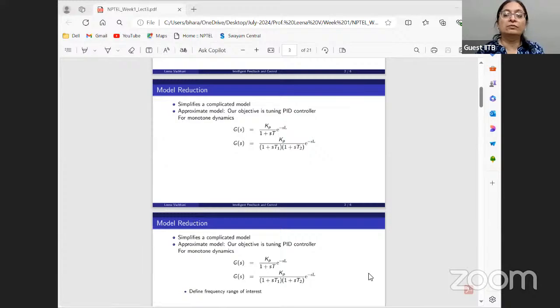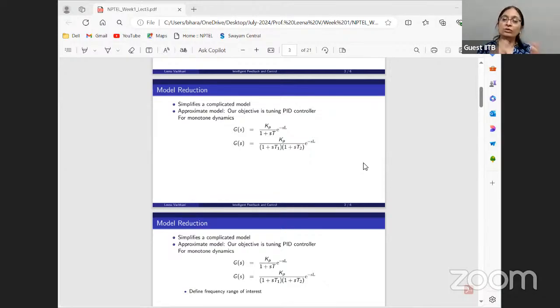Here is my model deduction part, and we know that we apply it when I have a very high order system, with many poles, and we want to reduce it to a first order or second order system.